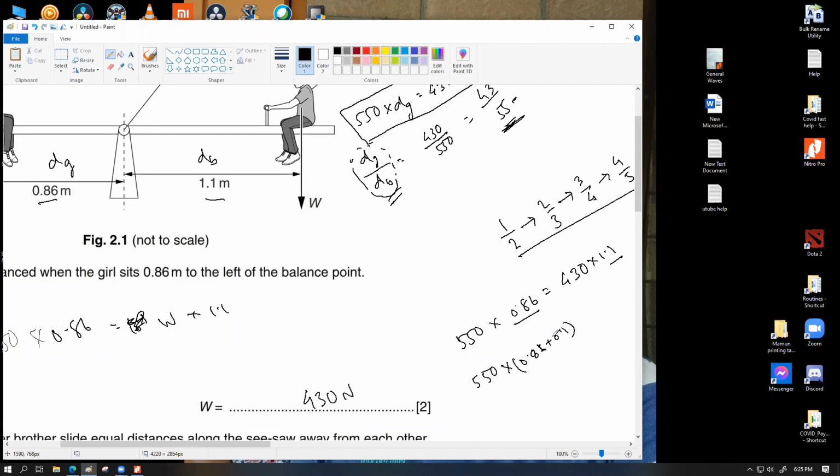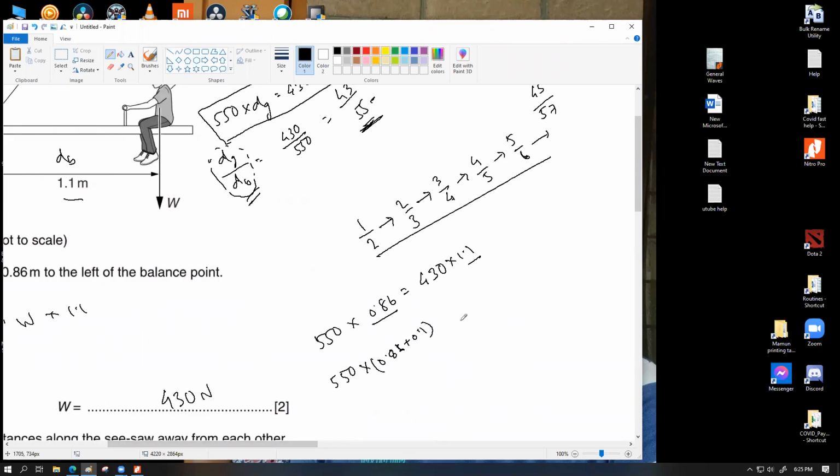I really don't care. But I'm just giving 0.1 just to see what happens over here. And if I increase this by 0.1 as well, I'm going to give this sign, a made up sign, I have never seen this, but it just means equals question mark. So we're trying to find it out. 430 into 1.1 plus 0.1.